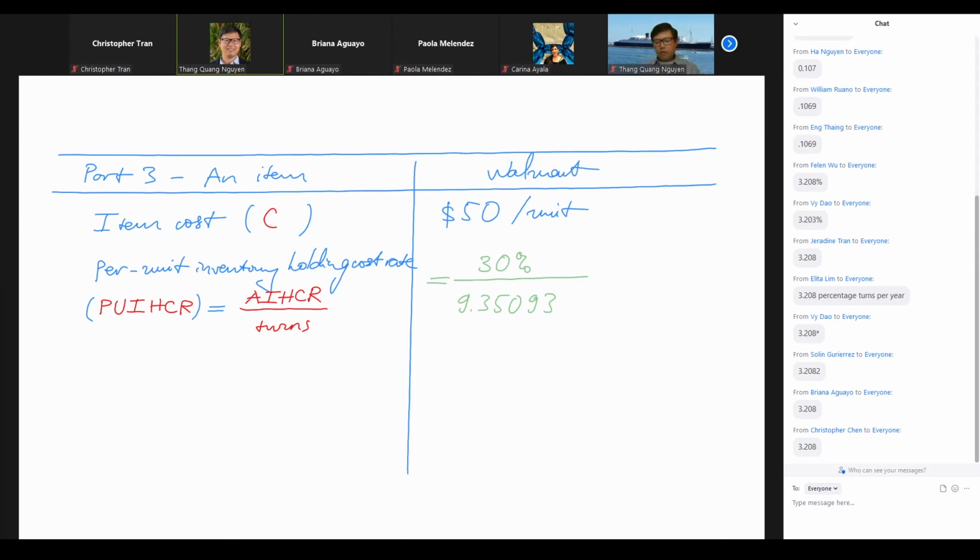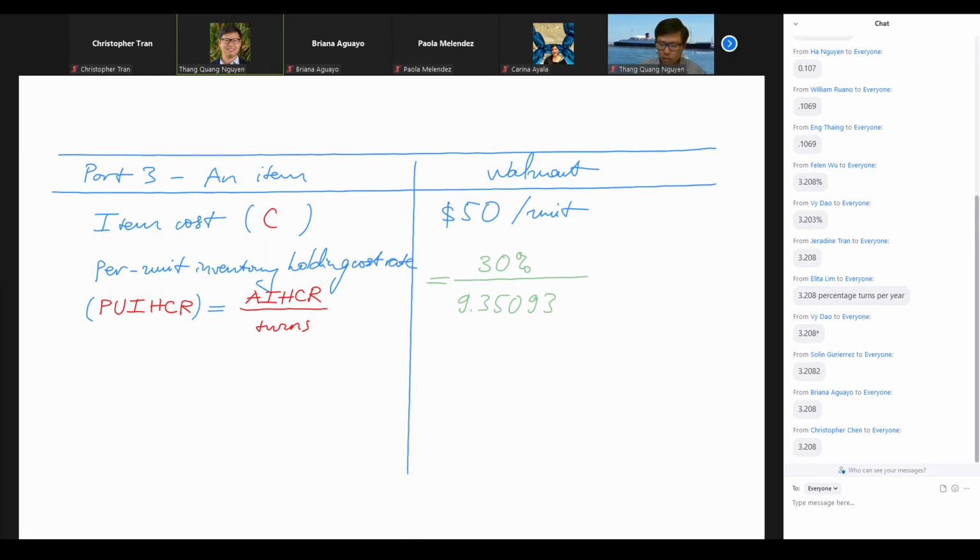All right. So again, what you do is you take 30 divided by 9.35 as a number, and then you carry the percentage symbol over. Because I work everything in Excel, I can give you something quite precise here.